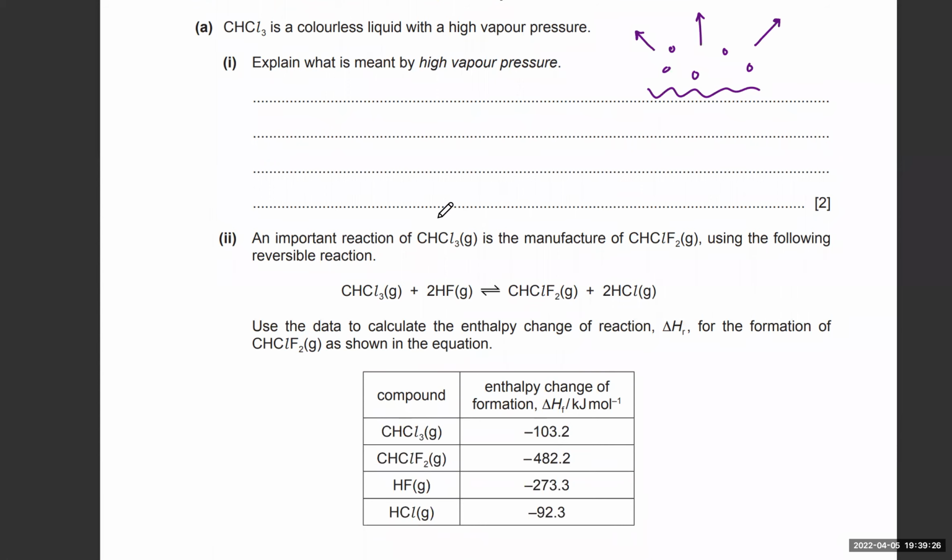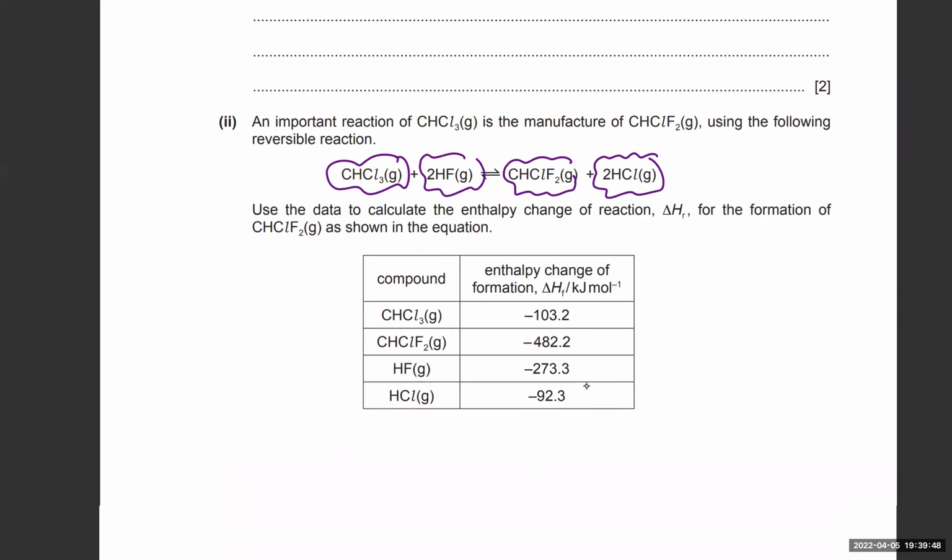An important reaction of CHCl3 is the manufacture of this thing. So you're given the enthalpy changes of formation. There are 3-4 ways of finding enthalpy changes. One of the ways is that if you know the enthalpies of formation of the products, and you know the enthalpies of formation of the reactants, what you simply need to do is, the enthalpy of this reaction would be the enthalpies of formation of the products minus the enthalpies of formation of our reactants, which in this case is, this one is minus 482.2.